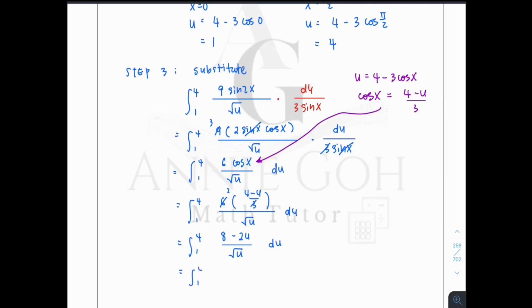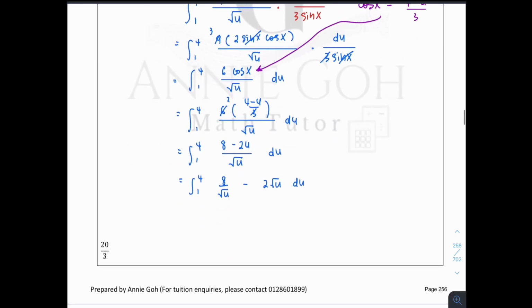To integrate this, you just need to split this fraction into two terms, which is 8 over square root u minus 2 square root u du. And then what to do is, you just need to bring out the u as power negative half, and make square root u as u power half.